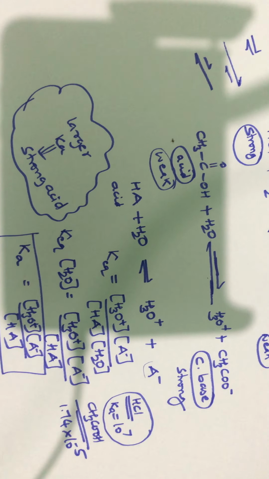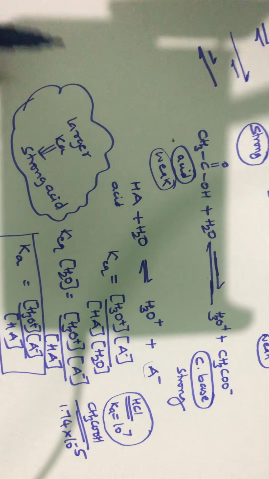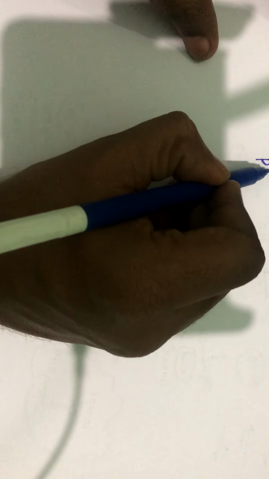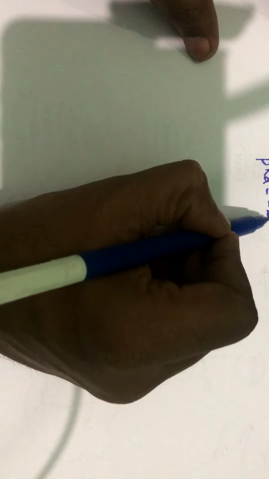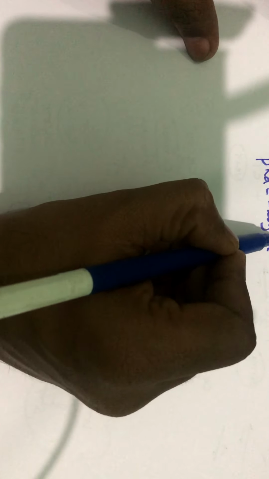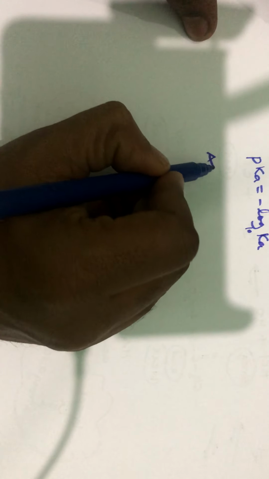Okay. Now for convenience, the strength of an acid is generally indicated by its pKa value. So what is this pKa value? pKa is minus log of Ka, log to the base 10. For example, think that I have two acids.